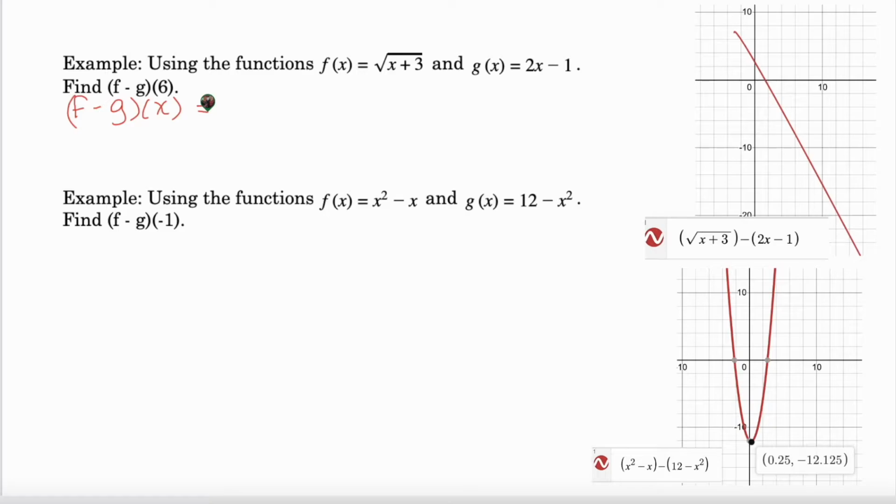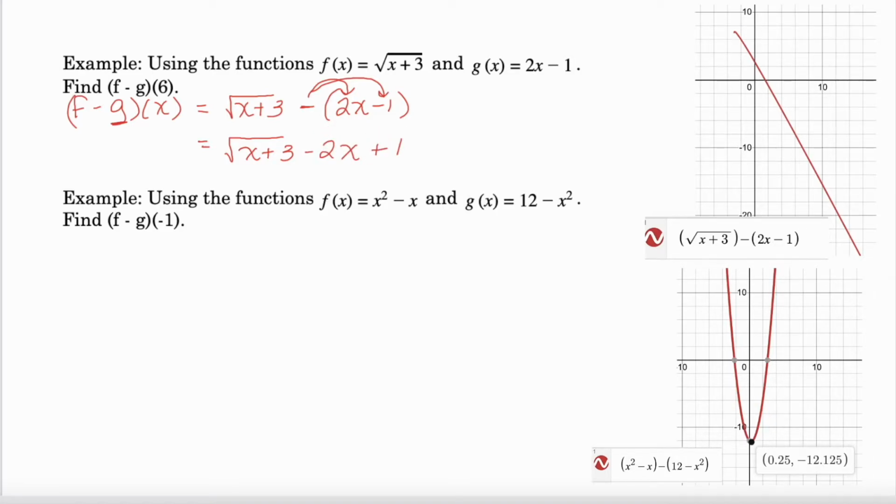So I want to take my f function, the square root of x plus 3, and subtract the entirety of function g. So I want to subtract all of 2x minus 1. So I will need to distribute. Be very careful with subtraction. This is where a lot of things can go wrong if we're not careful with subtraction. So this becomes minus 2x plus 1.